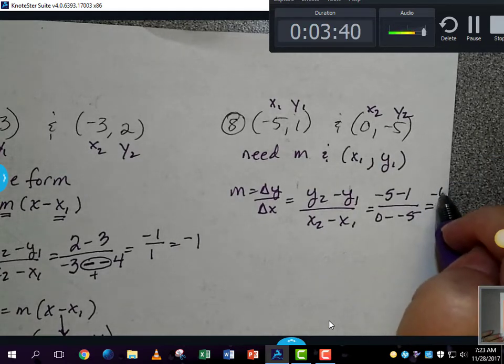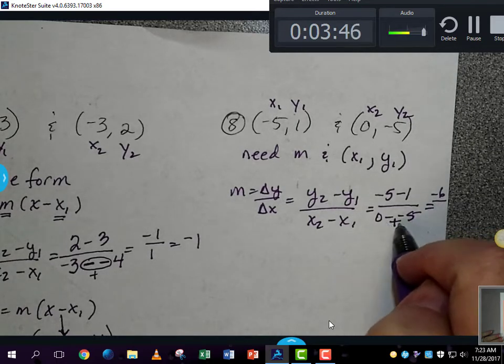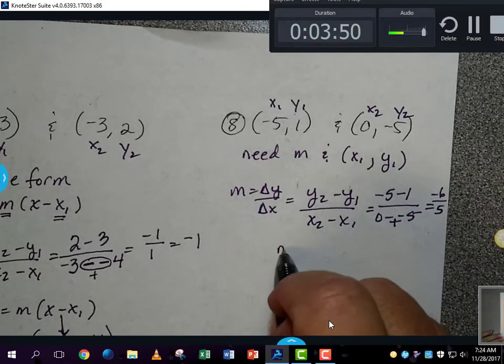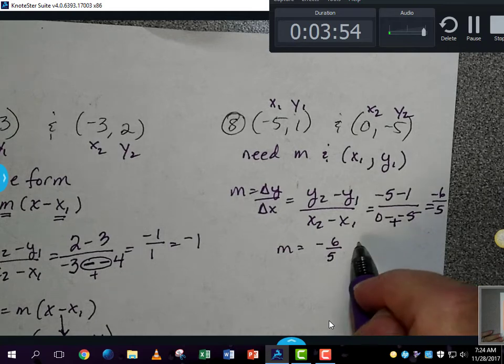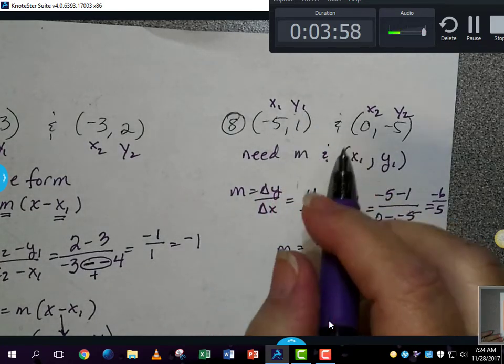That's going to give me negative 6 divided by, when I subtract a negative, I'm really adding it. So 0 plus 5 is 5. So my slope is equal to negative 6/5. My x1 is going to be negative 5 and my y1 is going to be positive 1.